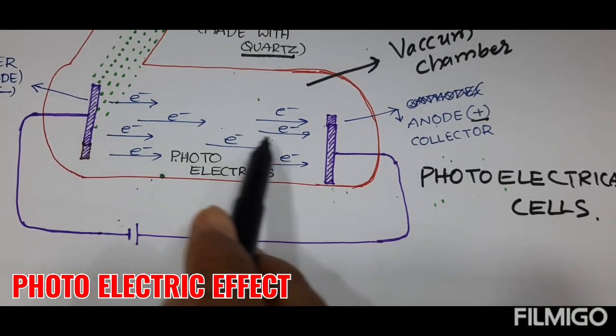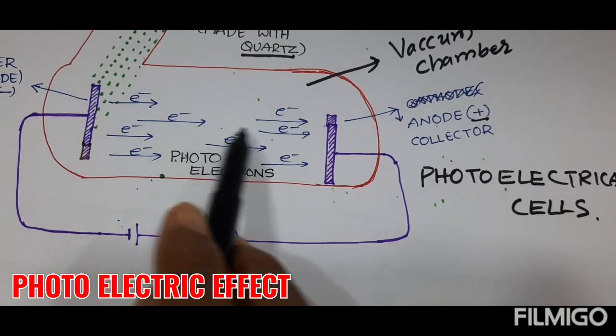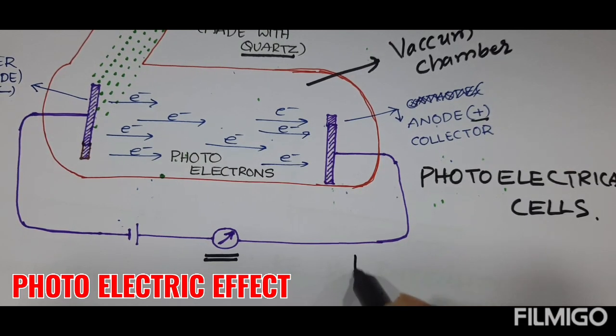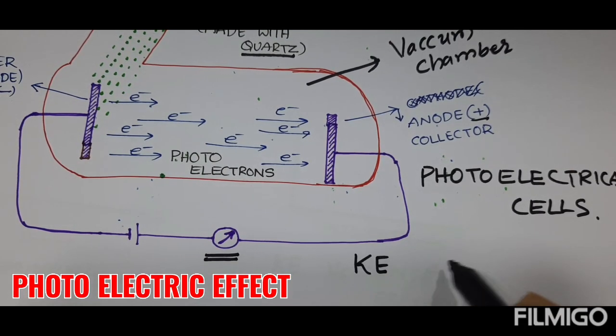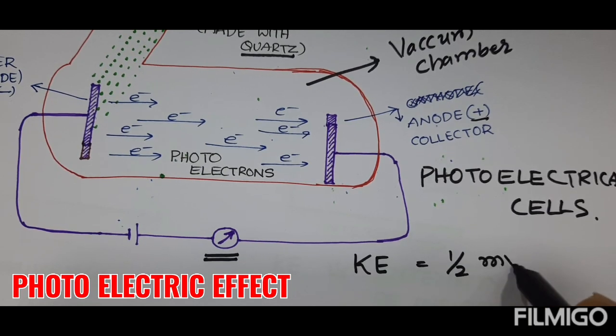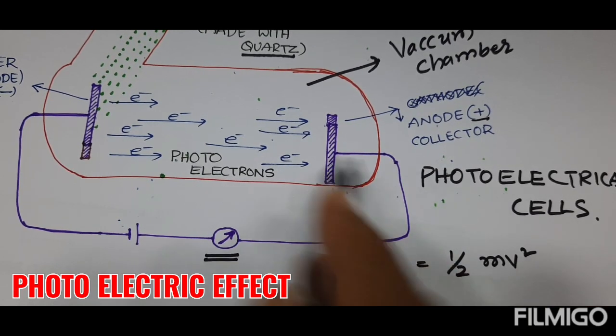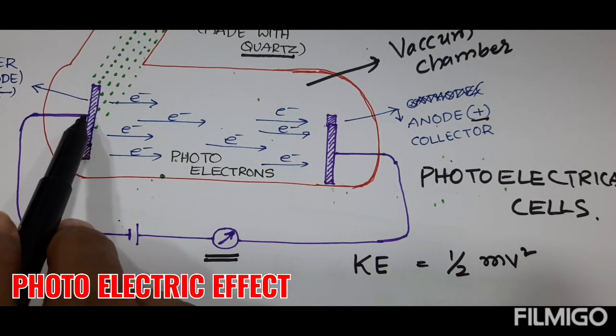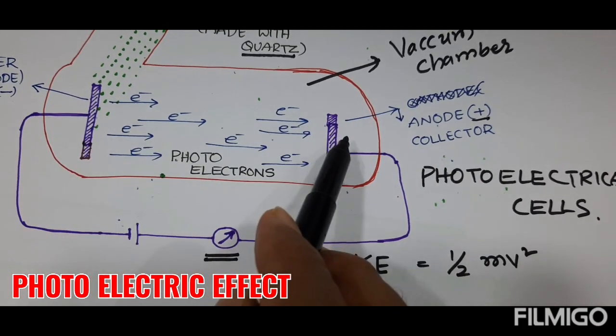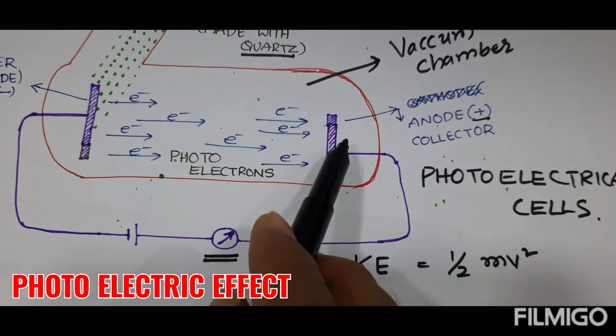These electrons are traveling. The traveling electrons have some kinetic energy. This is called the kinetic energy of the photoelectron, equal to half mv square. Why are the electrons traveling from this cathode to this anode? Due to the charge difference.